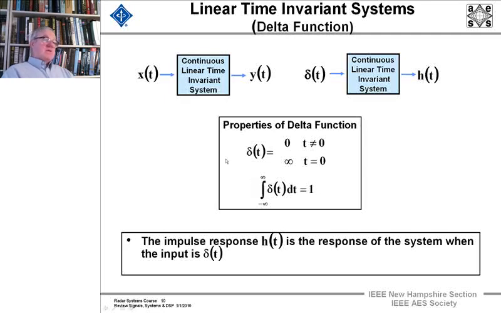Now when you put that delta function in as the input in a continuous linear time invariant system, you get as the output what we call the impulse response of the system. We put an impulse in. H of t is defined as the impulse response of the system. Okay?